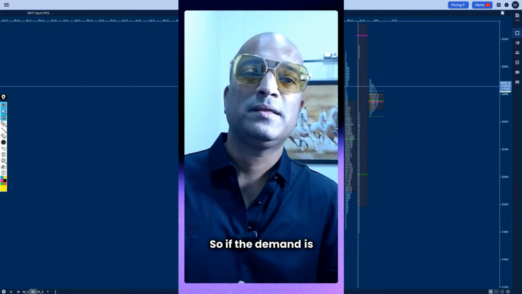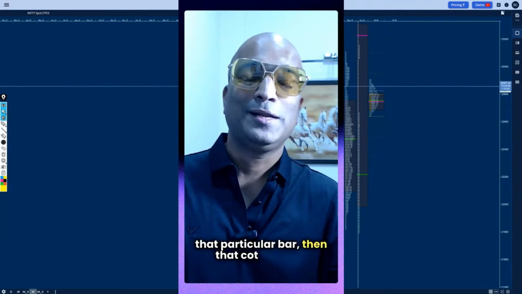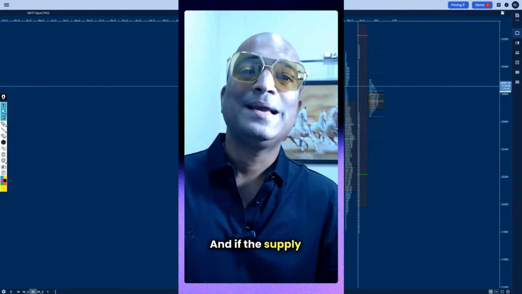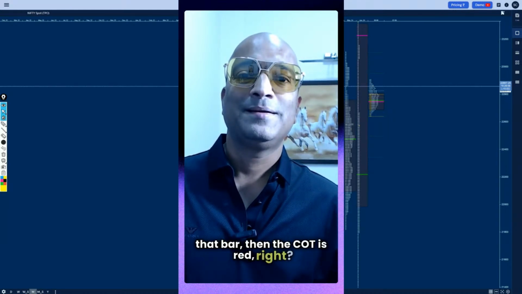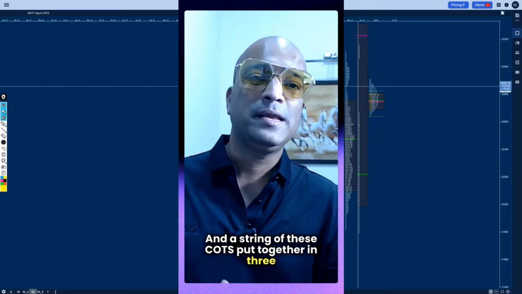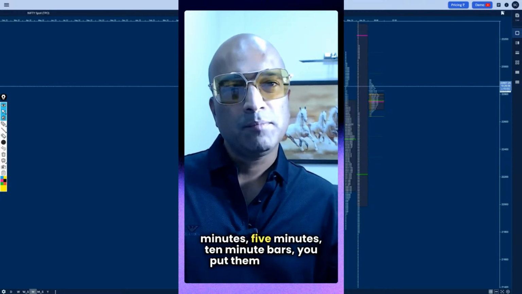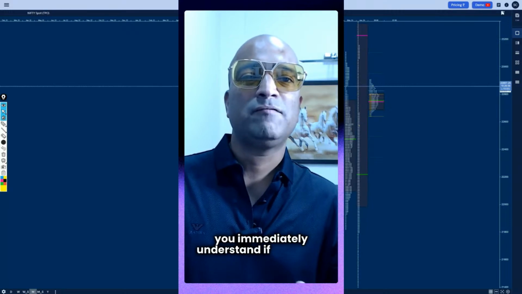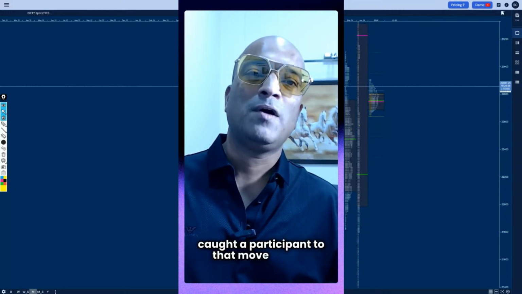So if the demand is higher than supply in that particular bar, then that COT is green. And if the supply is higher than demand in that bar, then the COT is red. And a string of these COTs put together in 3-minute, 5-minute, 10-minute bars, you immediately understand if price is moving higher, is COT a participant to that move higher.